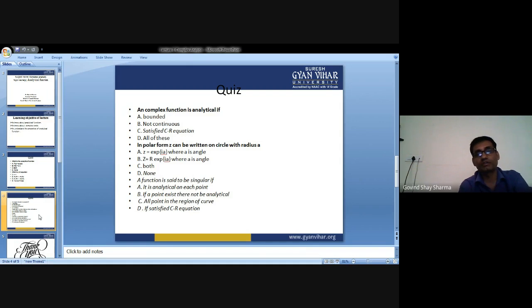A function is said to be analytical if it is analytical at each point. All the points in the region are fine if the function satisfies the CR equation. A function that does not exist at a point, that is, is not differentiable at that point, means it is not analytical at this point.